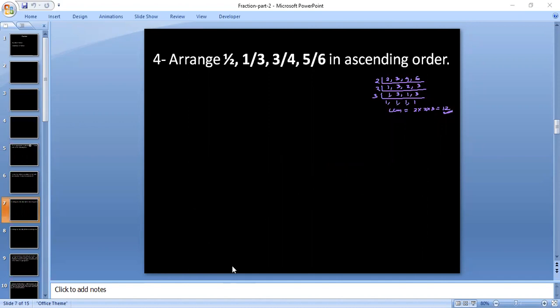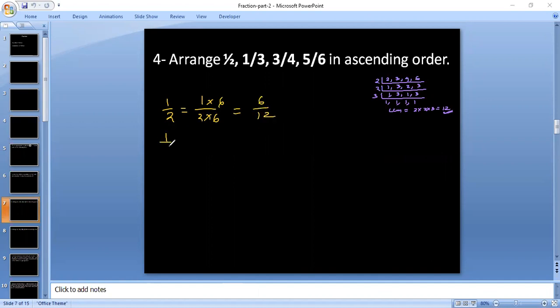ओके, सिंपल. हम ऐसे लिखेंगे, 1/2 is equal to, 2 denominator है, 2 को बनाना है 12. So you should multiply 6 both in numerator and denominator. So it will be 6/12.